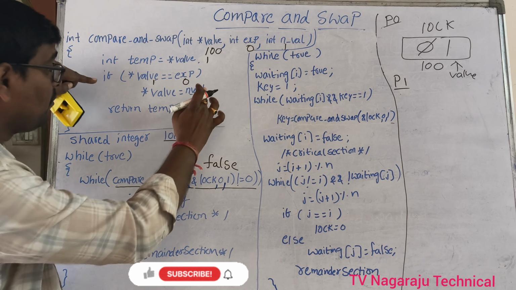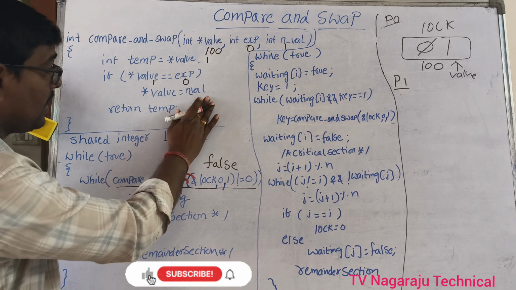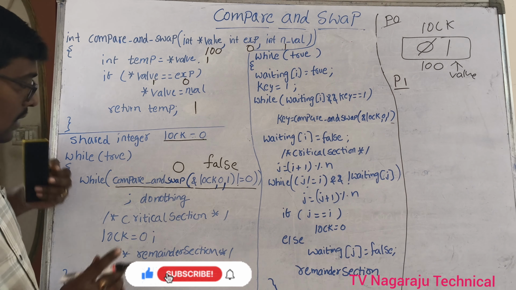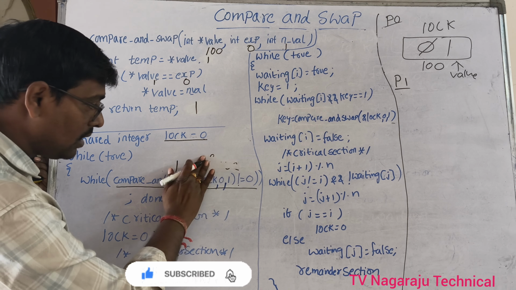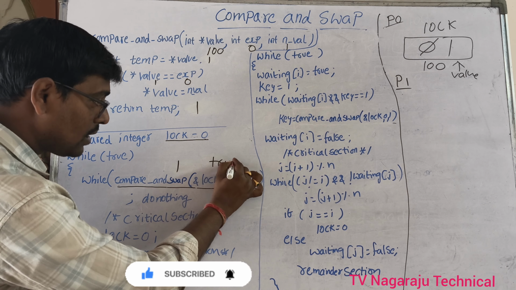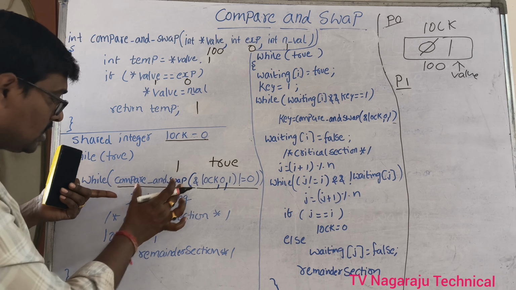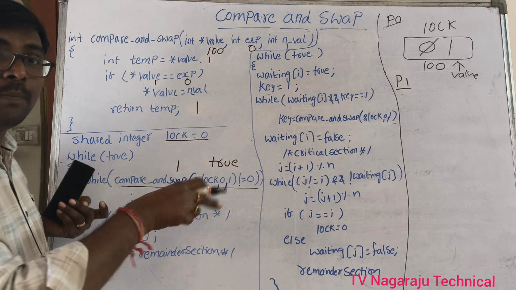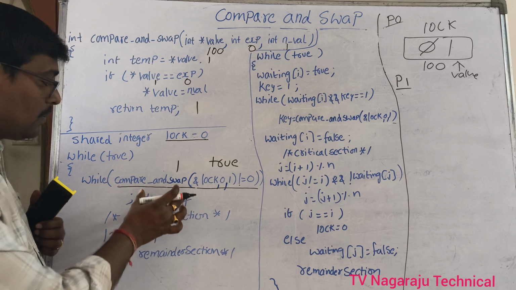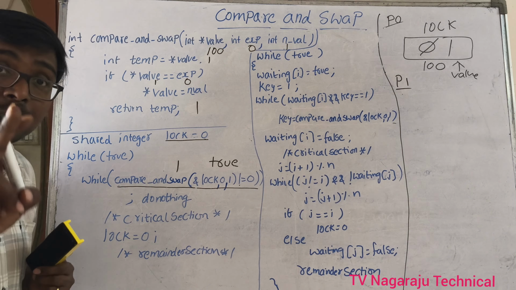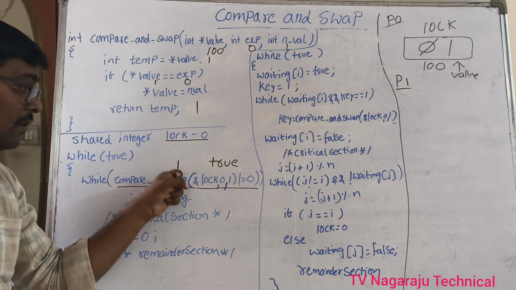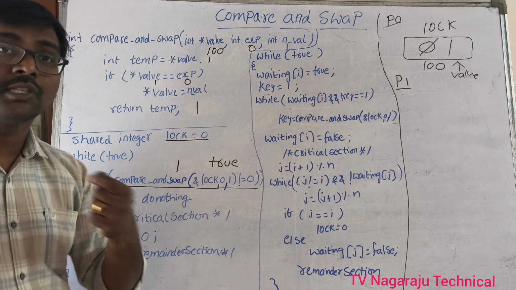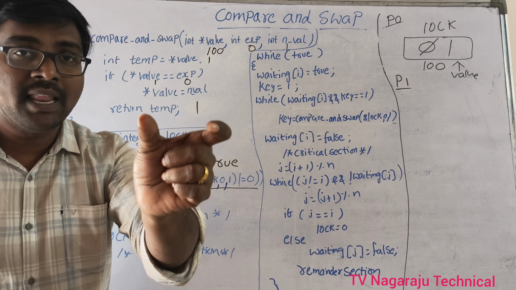The condition fails, the if is not executed, and it returns the value 1. Here what am I getting? The value 1. 1 is not equal to 0, so the condition is true. If the condition is true, it is repeated an indefinite number of times. That is waiting. That means observe, if process P0 is in the critical section, P1 is in the waiting state. So I achieved mutual exclusion.